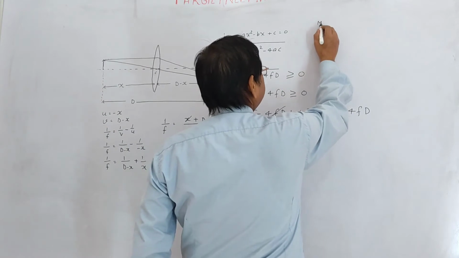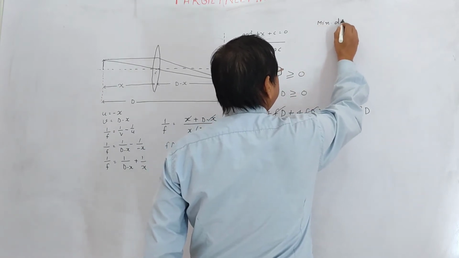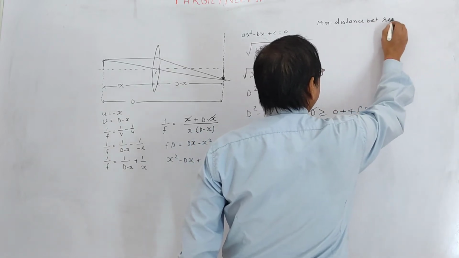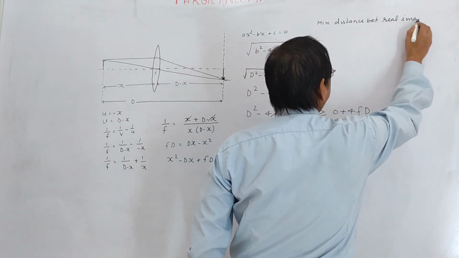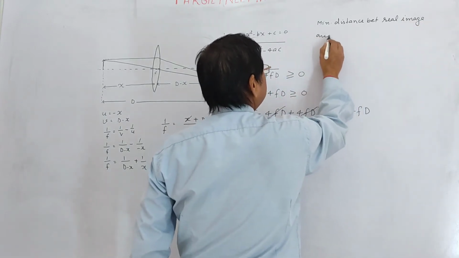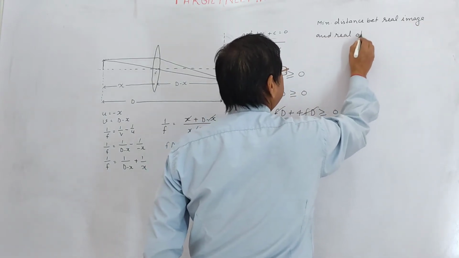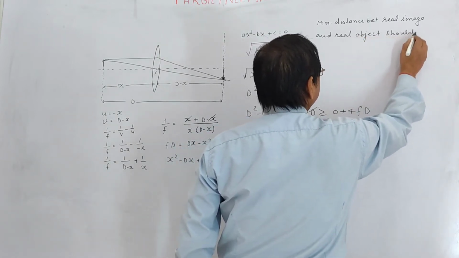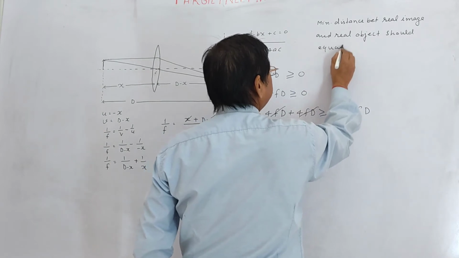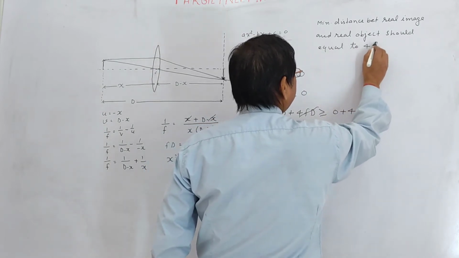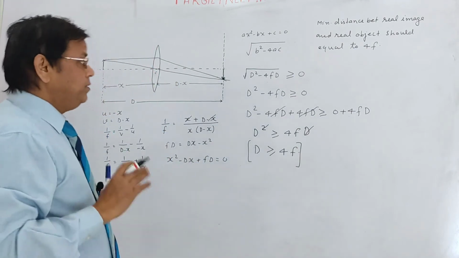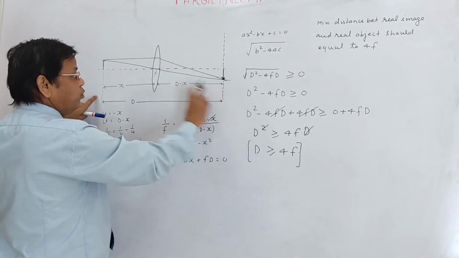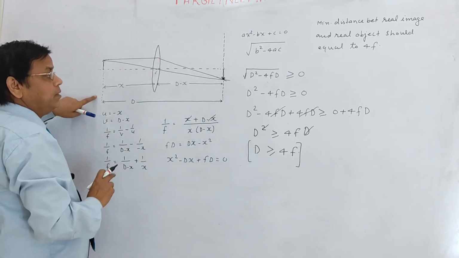So the minimum distance between real image and real object should be equal to 4f.